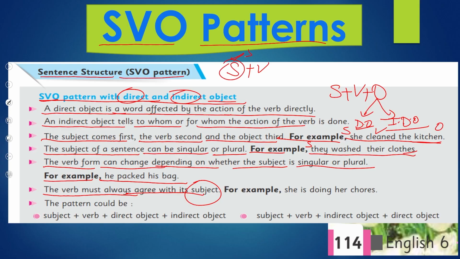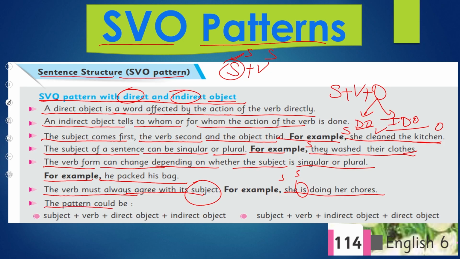If the subject is singular, the verb should be singular. For example, she is doing her chores. She is singular and the verb is also singular. So the subject and verb are agreeing.